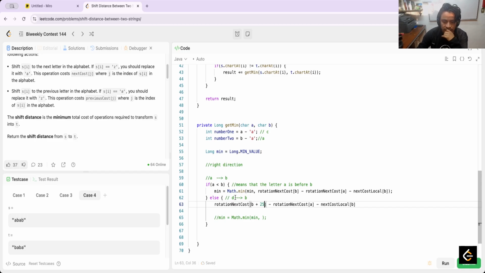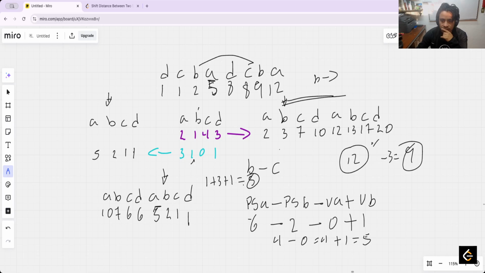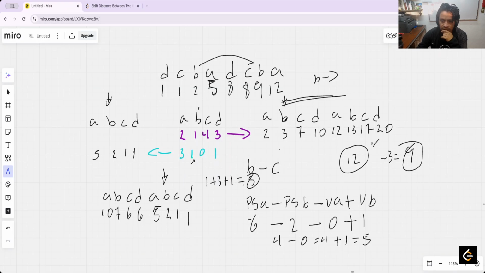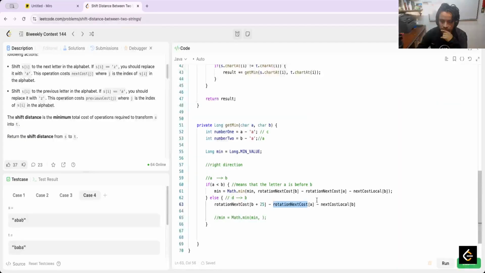Because we are, for example, we want to reach the B, but no, it's not this B, is this B. In this case is 13 less the first position, this, less cost of B. I think that is only that.